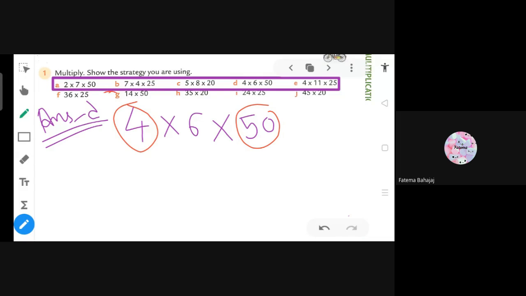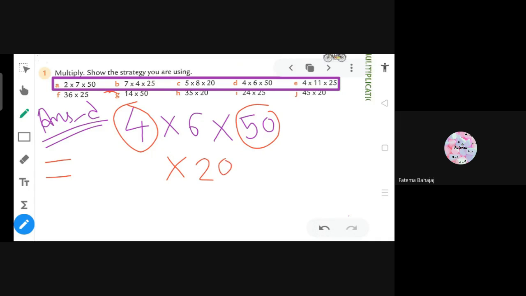So we can combine these two also, but if we combine these two, their answer will not be 100. But do you know what the answer will be? 54 will be, if we multiply these two first. 200.